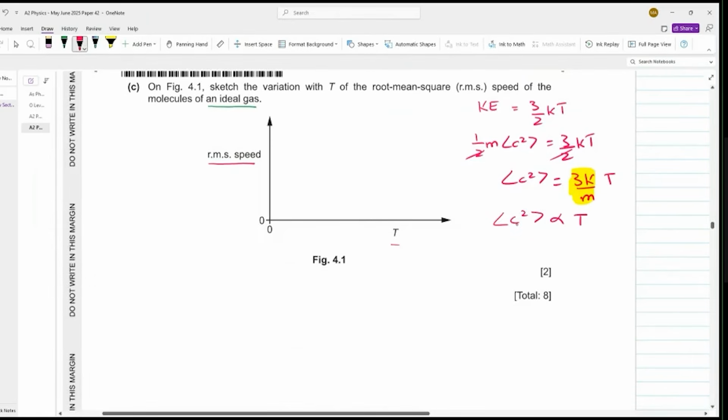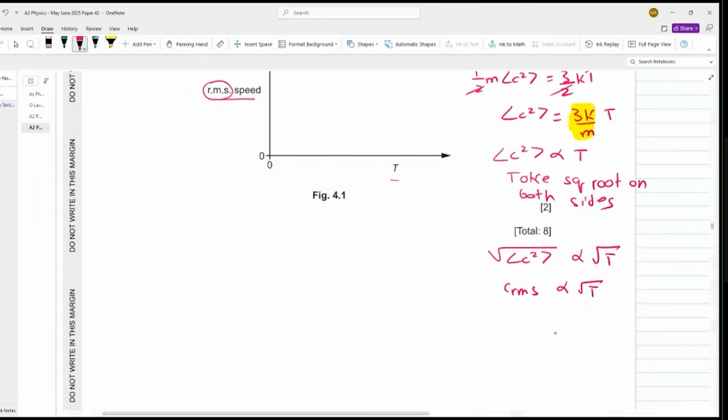Now you have to plot CRMS, root mean square speed, on the y-axis. So what will you do? Take square root on both sides. If you take square roots on both sides, what will happen? Under root c square, under root temperature, under root c square क्या हो जाएगा? CRMS, under root temperature.